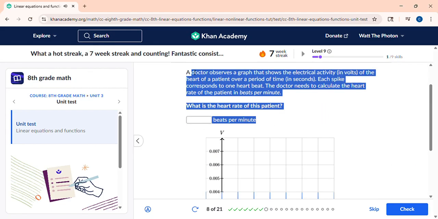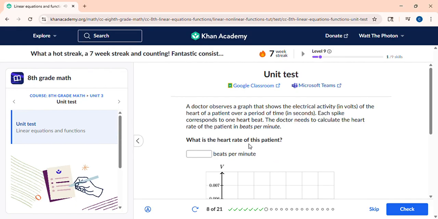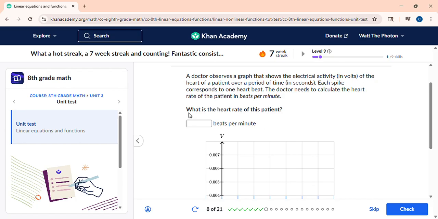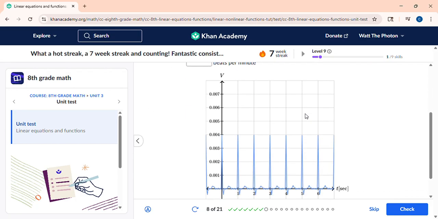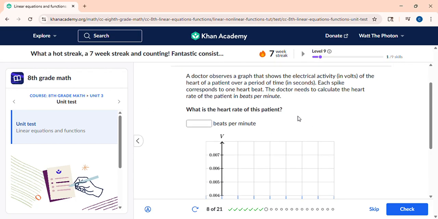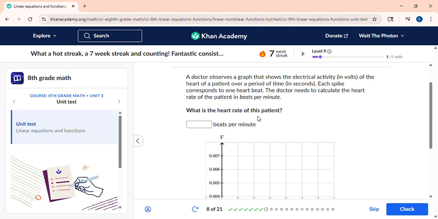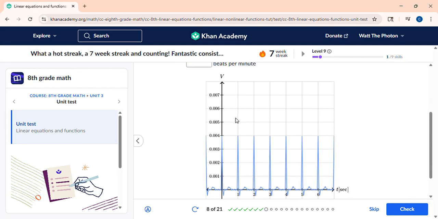A doctor observes a graph that shows the electrical voltage at the heart of the patient. Each spike corresponds to a heartbeat. What is the slope? Heartbeats per minute. So we have what's on this side.